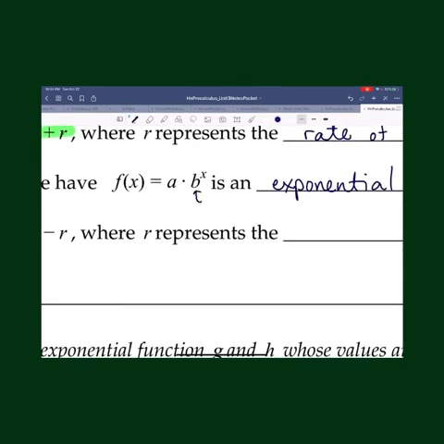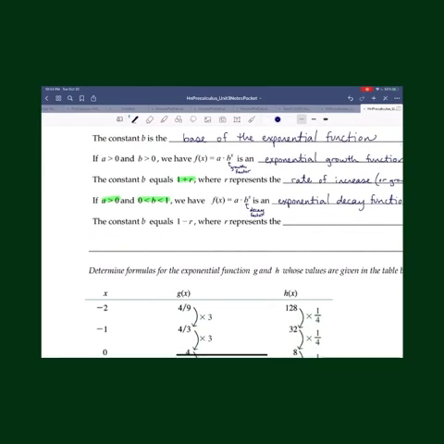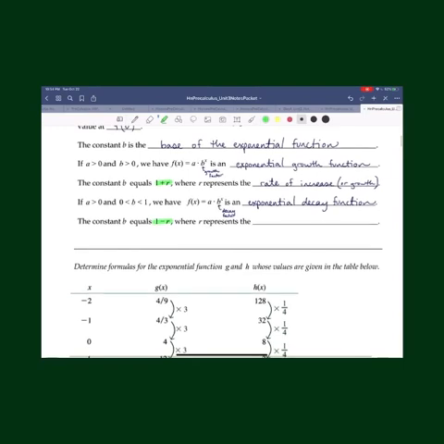And when this happens, we call b the decay factor. So the constant b, which is the decay factor, equals 1 minus r, where r represents the rate of decrease.